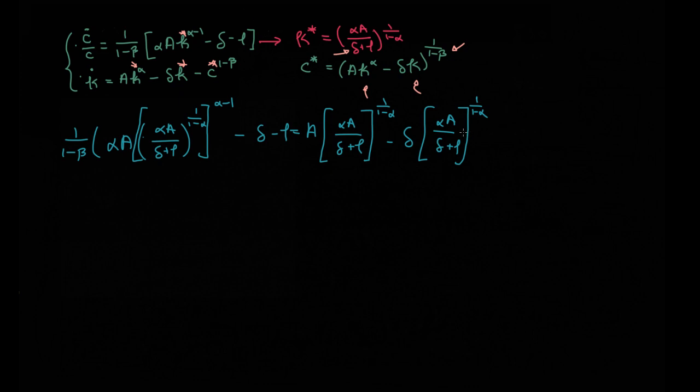And then, where were we? We just did this one. So then minus C, which is AK alpha. We'll plug in K star there as well. Alpha A divided by delta plus rho to the 1 over 1 minus alpha to the alpha minus, you see where this is going, minus delta.